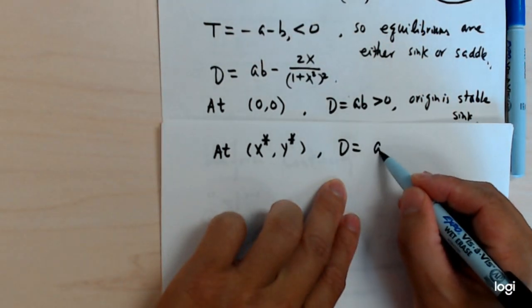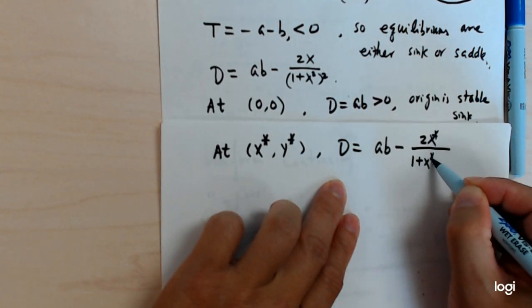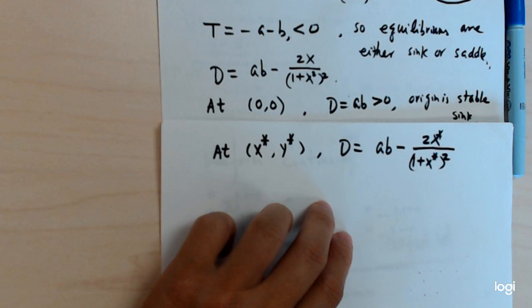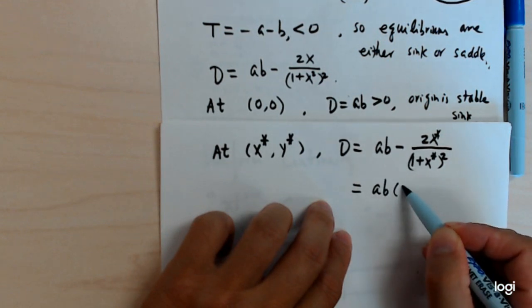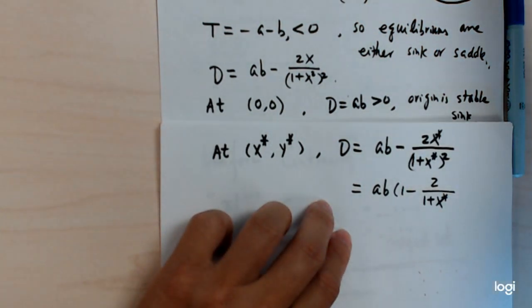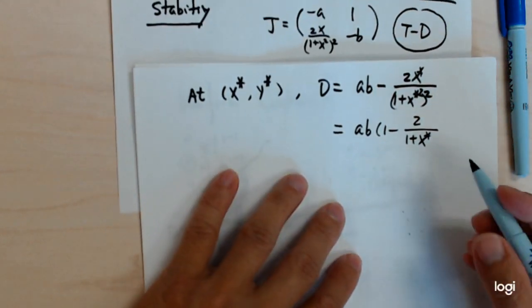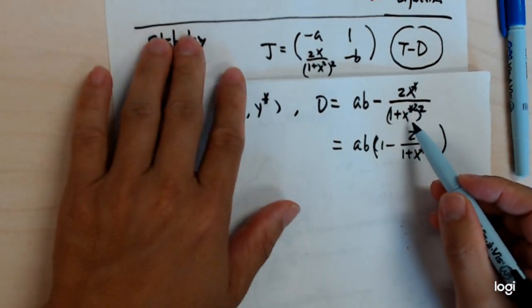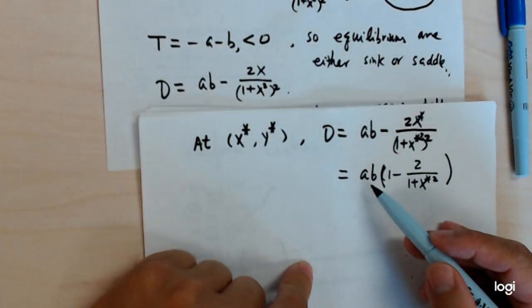D will be, so up here is x star squared, and then the whole thing squared. And we did a little trick here. We factor out ab.